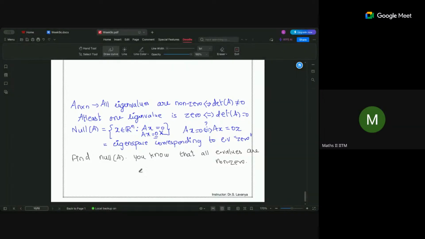So in that case, null of A is simply the zero vector. Remember, maybe I should write this is the same as eigenspace corresponding to eigenvalue 0 union 0, because this includes 0 but eigenspace does not include 0.